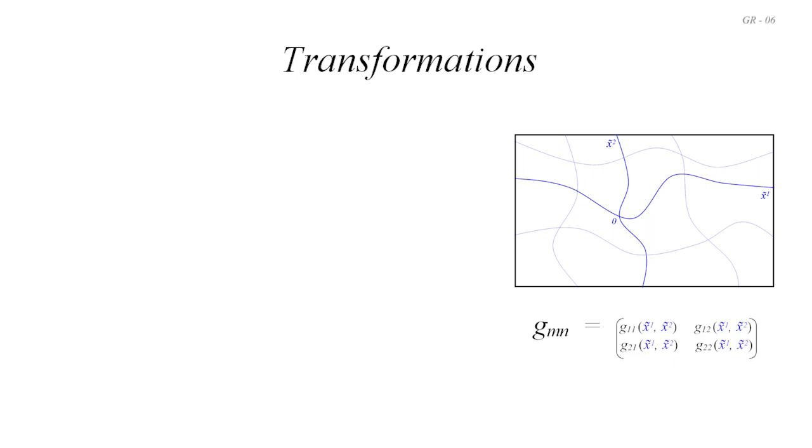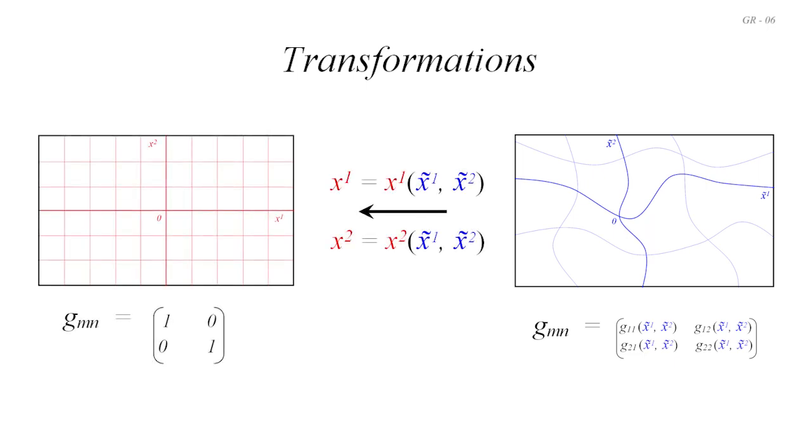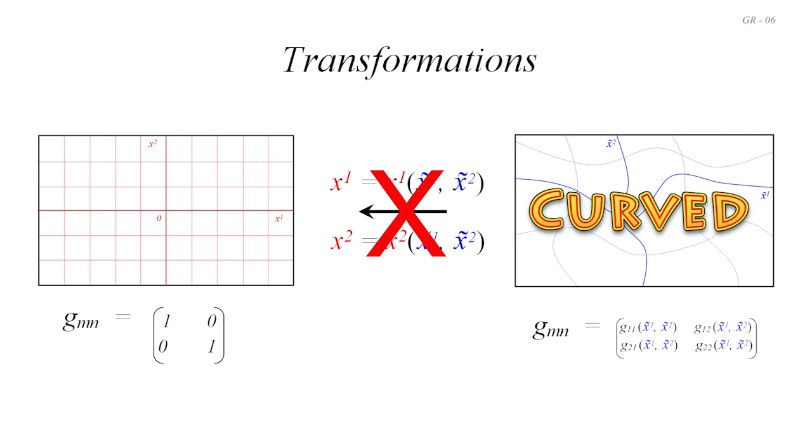If, however, you can find a coordinate transformation to a new frame of reference, such that the metric tensor of that new frame is the identity matrix everywhere in the space, then the space can be said to be flat everywhere. If you can't find such a transformation, then the space must have some curvature in it, either in all of it or even in only part of it.